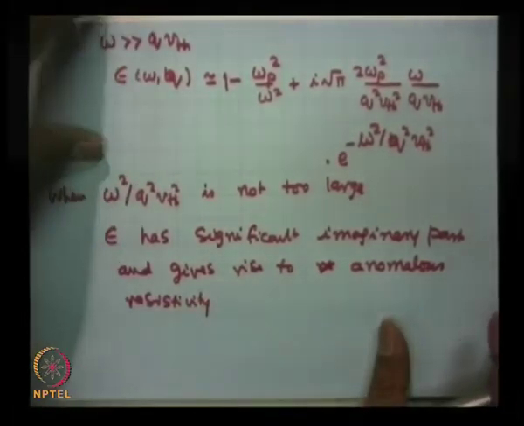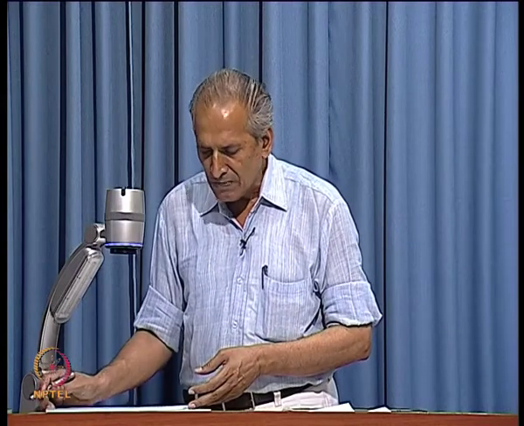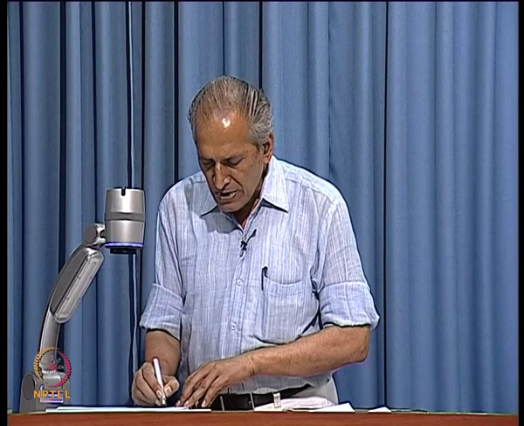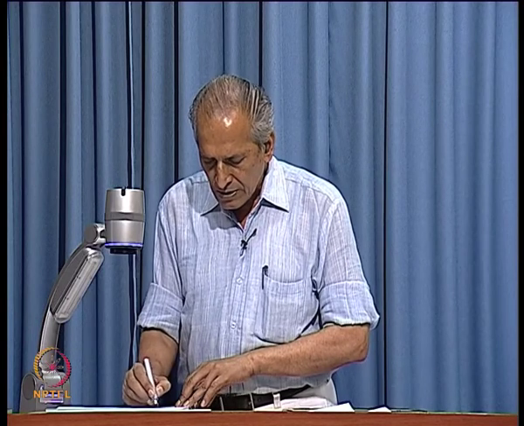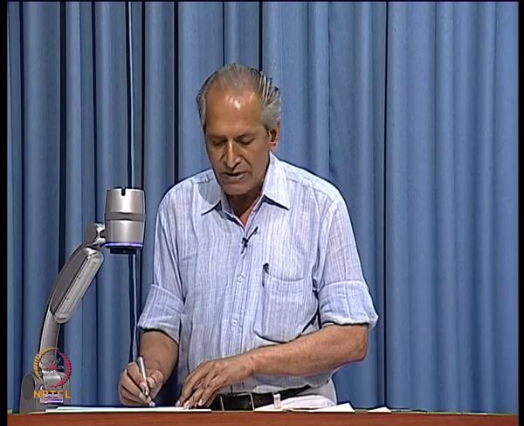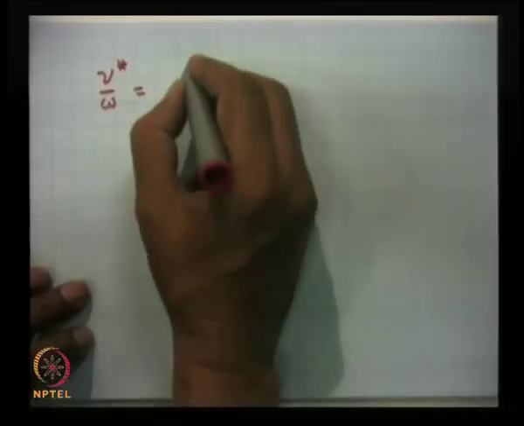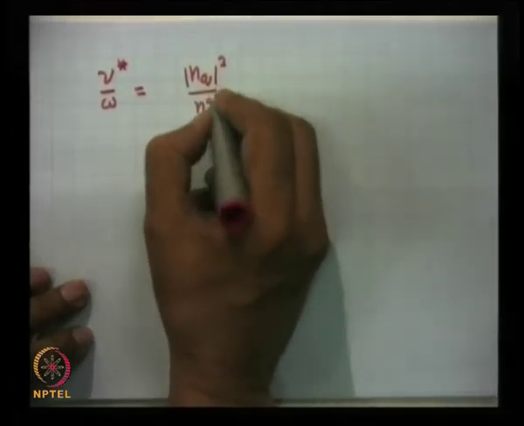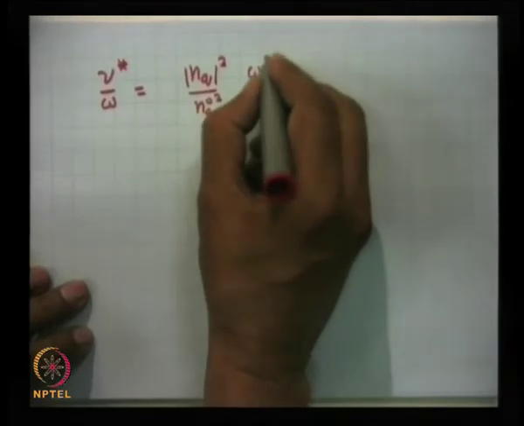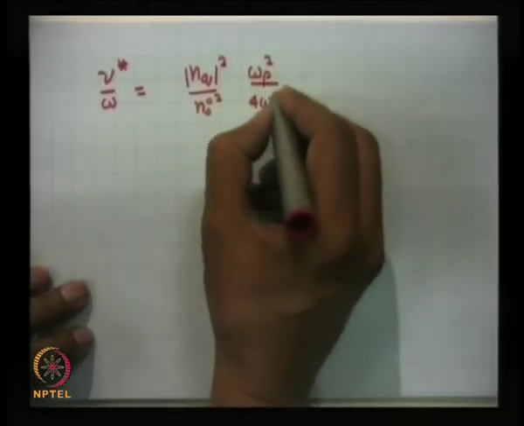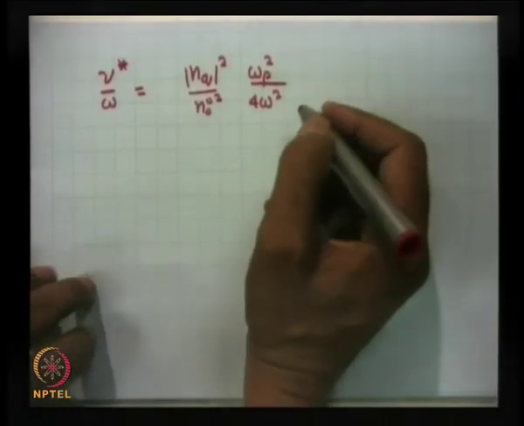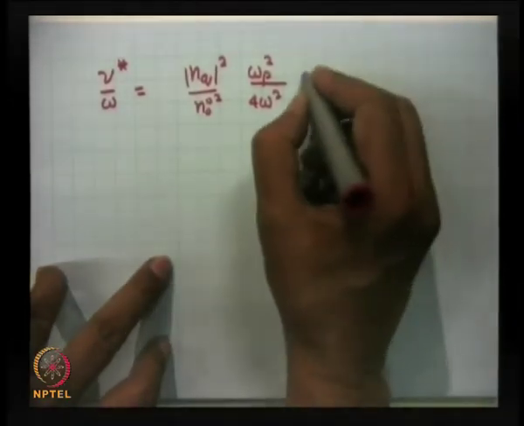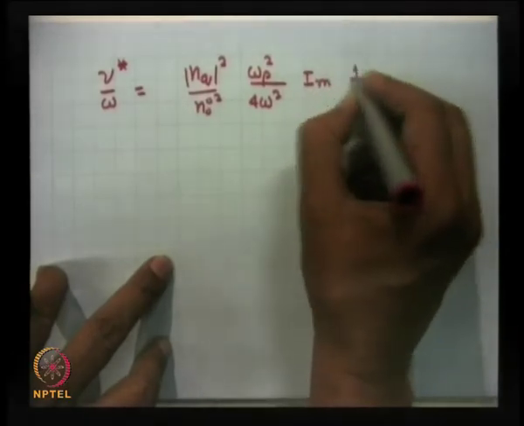Let me define effective collision frequency. If you compare this expression for current density with the one that I had derived in a collisional plasma, then nu upon omega, effective collision frequency nu star I will call it, is equal to nq square upon n00 square into omega p square upon 4 omega square, and I should take the imaginary part of 1 upon epsilon.